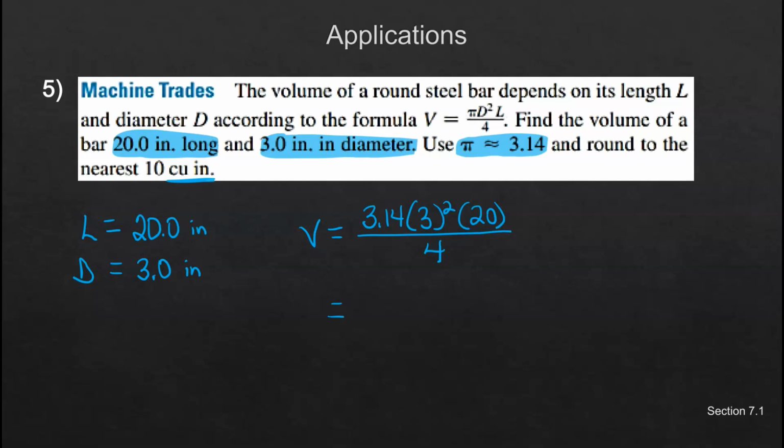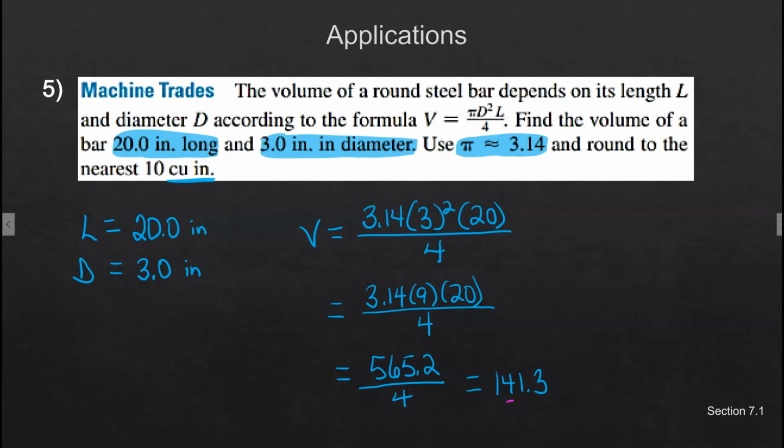All right, so that's 3.14 times 9 times 20 divided by 4, which is 565.2 divided by 4 equals 141.3. Now this asks us to round it to the nearest 10 cubic inches.